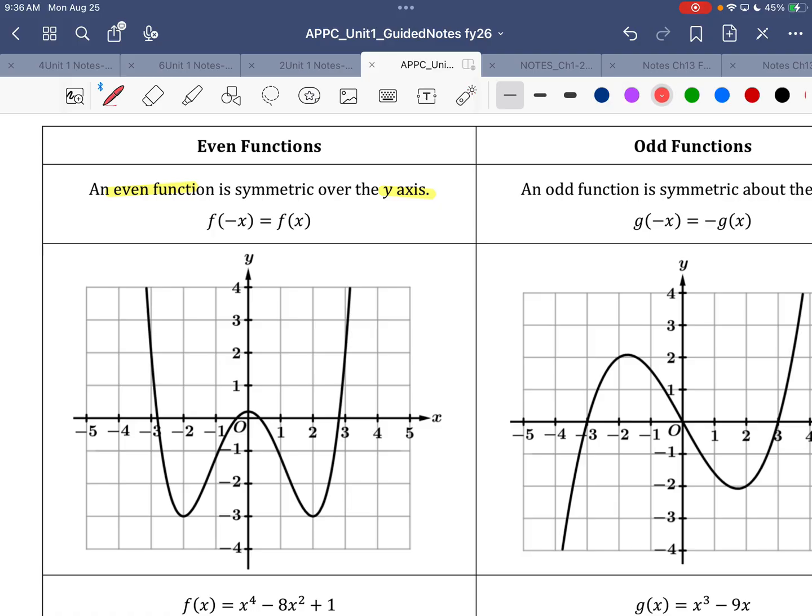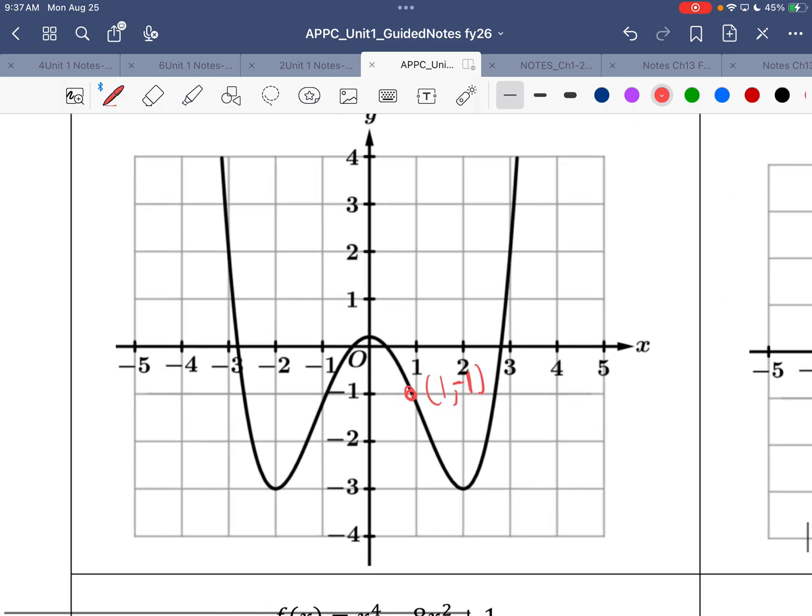So let's look at 1. At x equals 1, the y value is -1. At x equals -1, the y value is the same thing because it has y-axis symmetry, meaning I can fold this paper on the y-axis and they would all touch each other. That's y-axis symmetry.